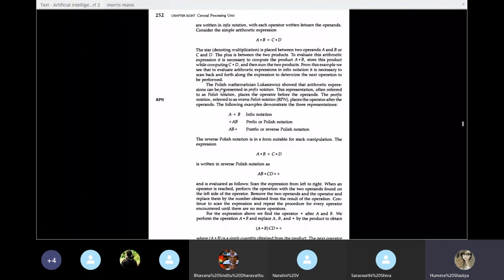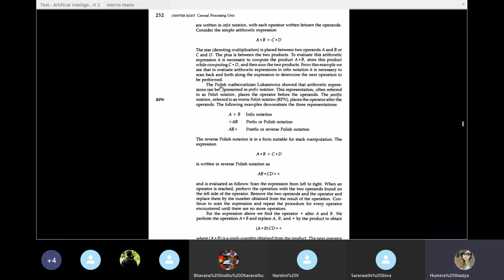A Polish mathematician, Lukasiewicz, showed that arithmetic expressions can be represented in prefix form. So this representation is also referred to as Polish notation, because the mathematician who showed how to represent an expression using prefix notation is from Poland, I think.